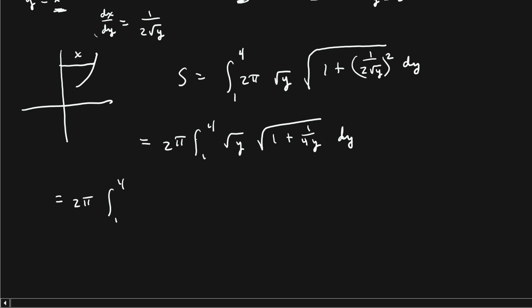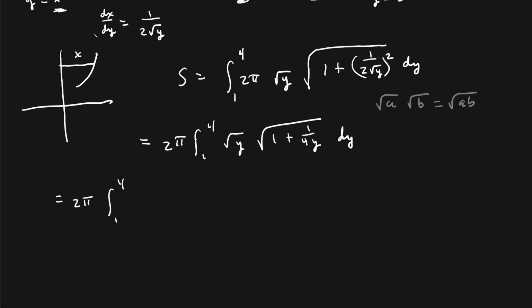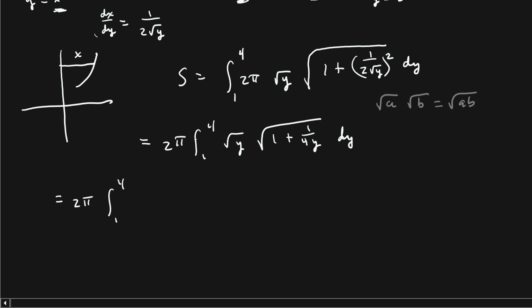Now, look at this. I can actually multiply this. So you remember there's a property in algebra that says the square root of a times the square root of b is equal to the square root of ab. So if I've got 2 square roots, I can just multiply what's underneath. So that's going to be the square root of y times, and I'll write this step out, 1 plus 1 over 4y, dy.